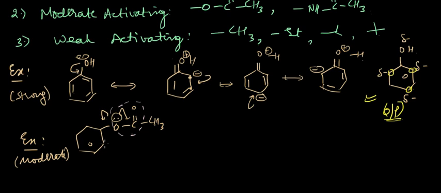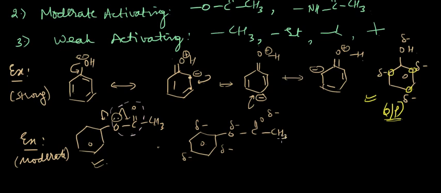Okay, so there is slightly less chance of having resonance with the phenyl ring, as it is also involved in resonance with the attached CO group. So hence it is moderately activating, but still it will direct the incoming electrophile to ortho and para positions. Okay, hence this is also ortho and para directing.